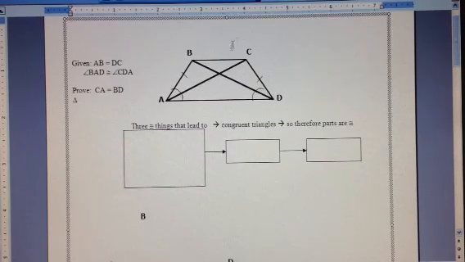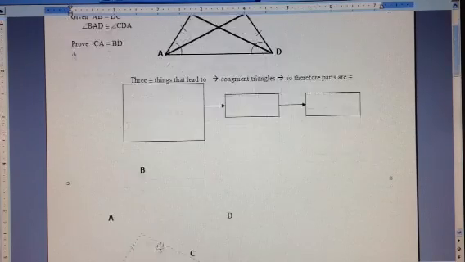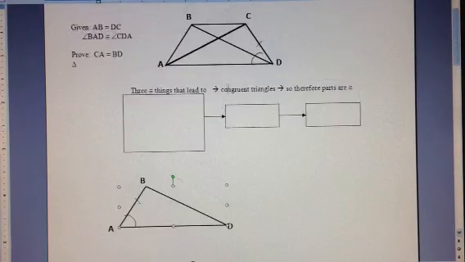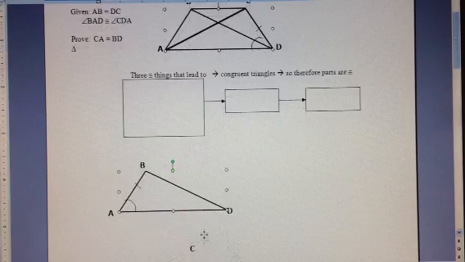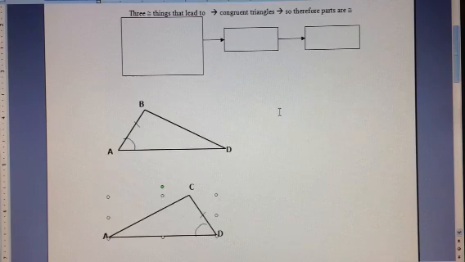So what I'm going to do is take the triangle ABD here and put it down here, like so. And I'm going to take the triangle CDA here, which is the other triangle we're dealing with, and put it down here and mark it appropriately, so that now we have our two triangles.